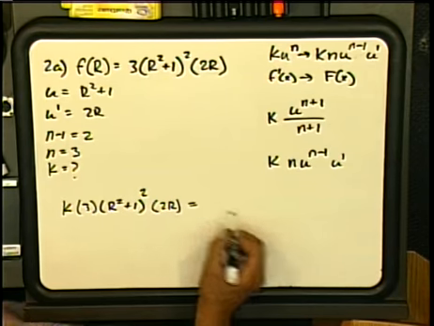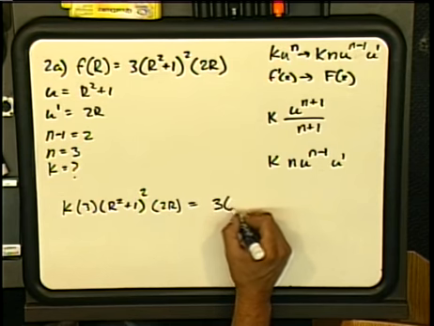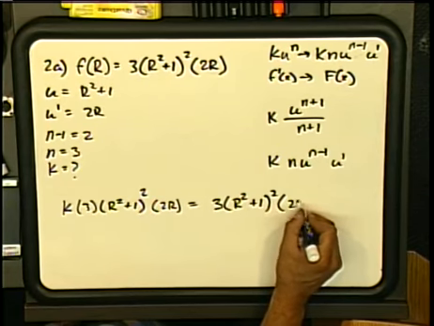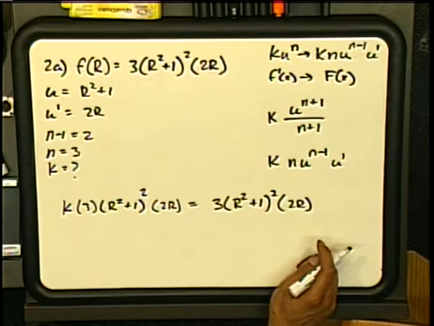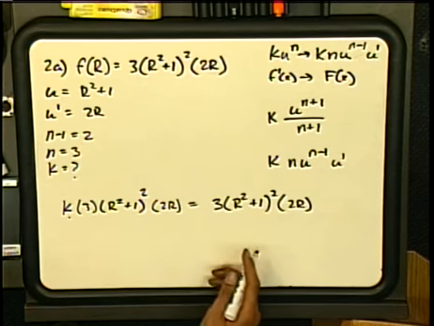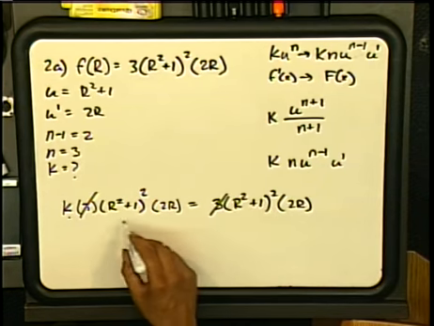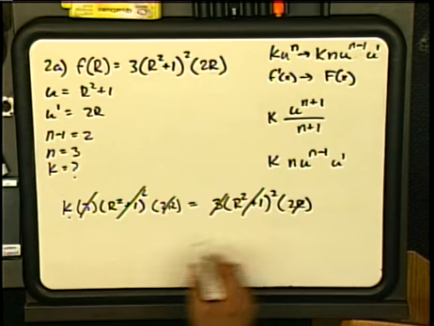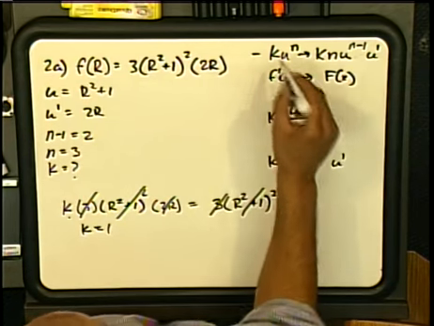And then all that equals the original function. And find K. The 3's cancel out. R squared plus 1 squared cancels out. 2R cancels out. K equals 1. So write that back like this one.